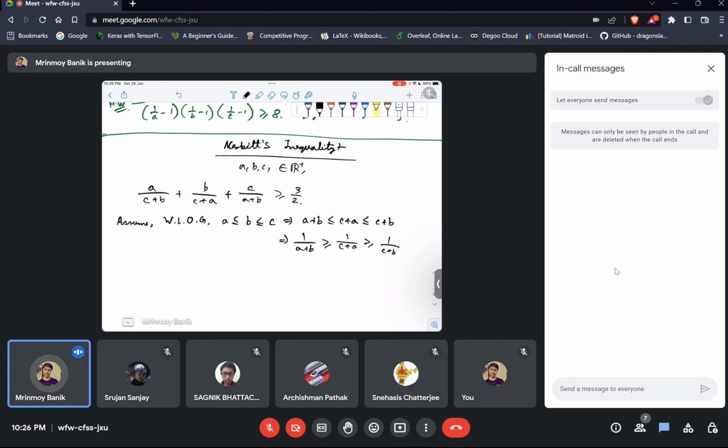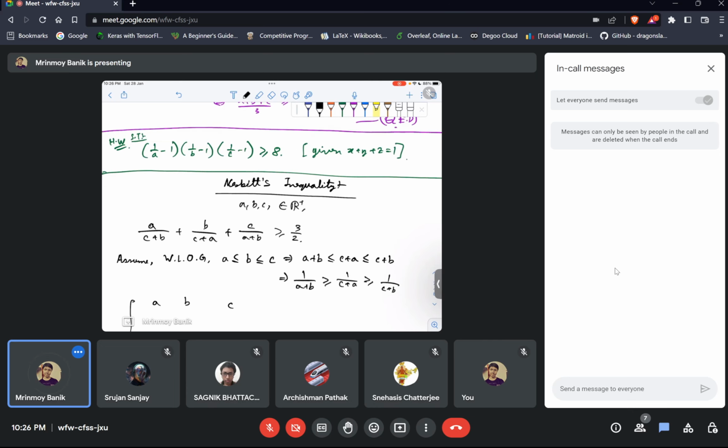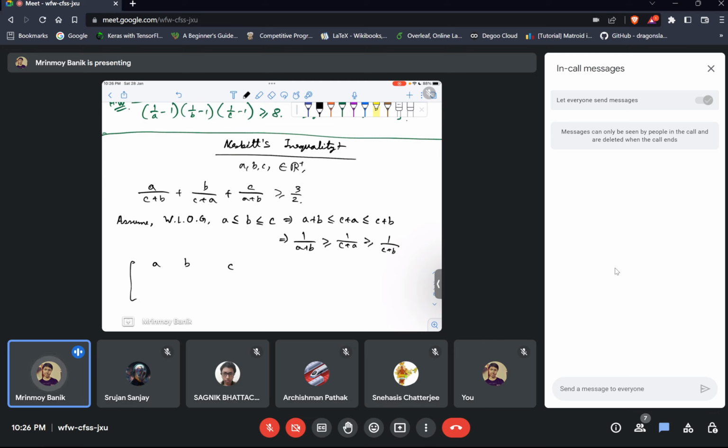So now let's use the rearrangement inequality. So you have the matrix a, b, c, and below it c plus b, c plus a, a plus b.